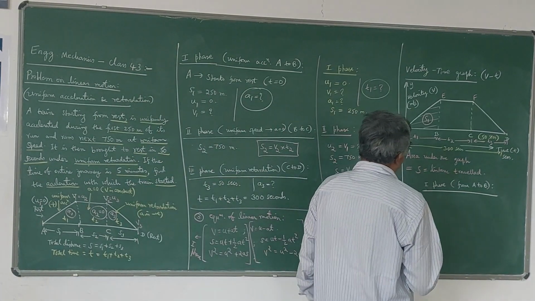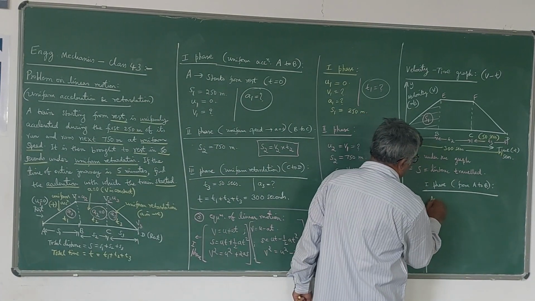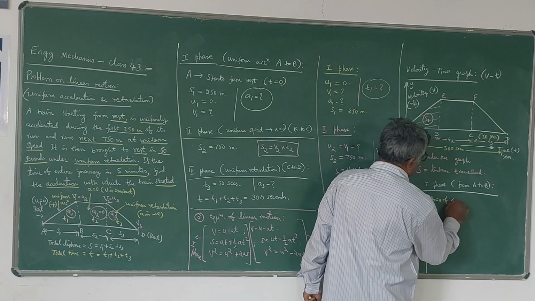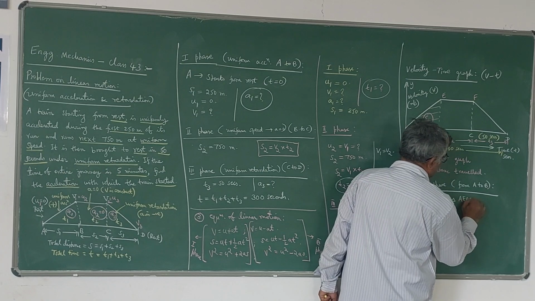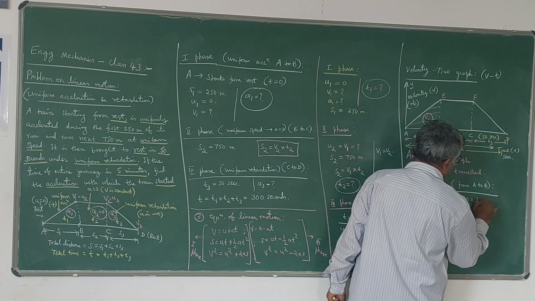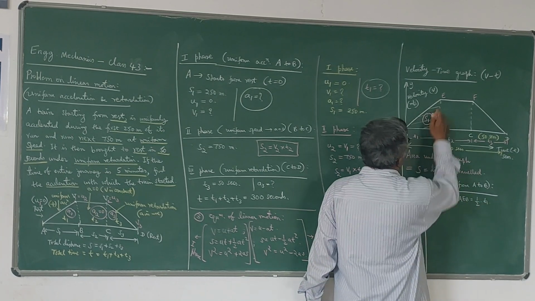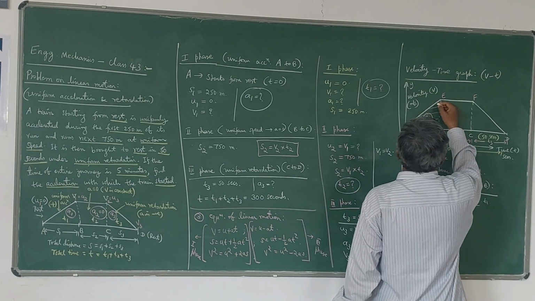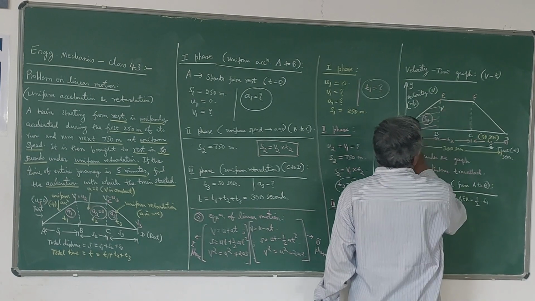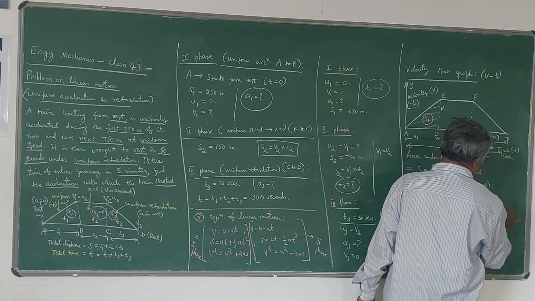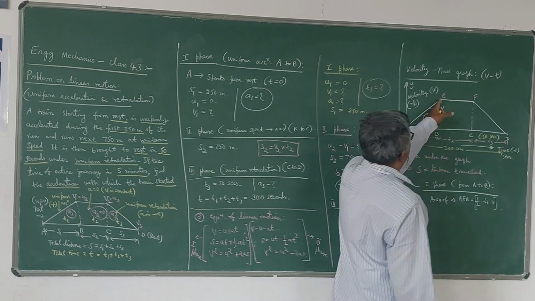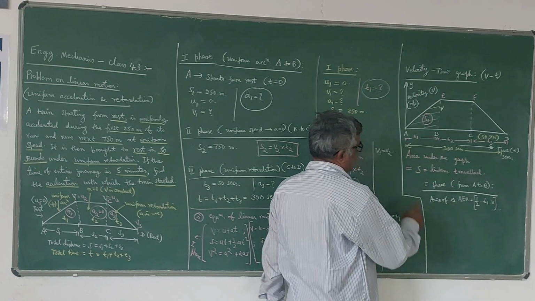First phase, what I do is I will take the area of triangle AEB. It is given by half into T1 into velocity. This velocity is V, a value you don't know, so I will take that as V. Half into T1 into V is the area.